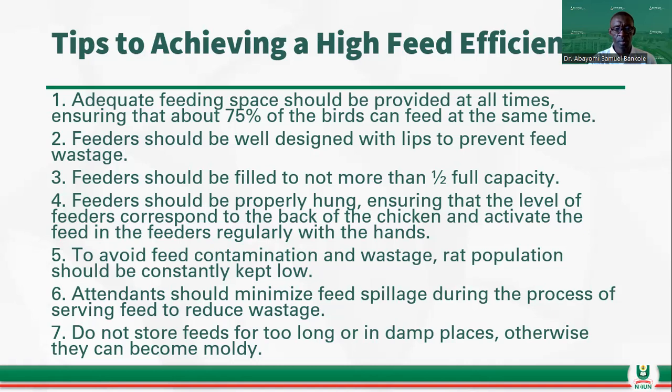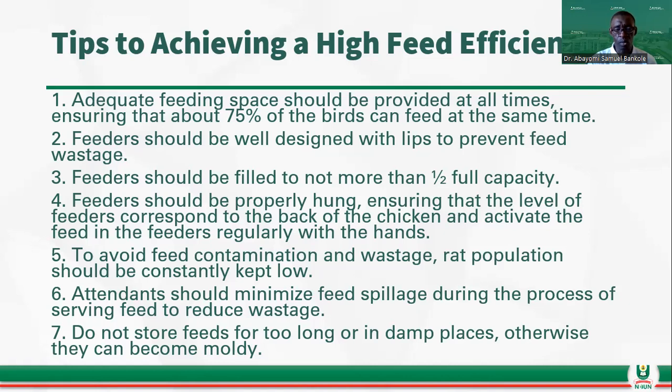Number 4, feeders should be properly hung, ensuring that the level of feeders corresponds to the back of the chicken, and you should stir the feed in the feeders regularly with the hands.